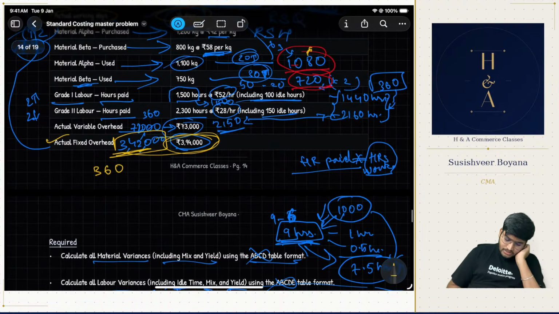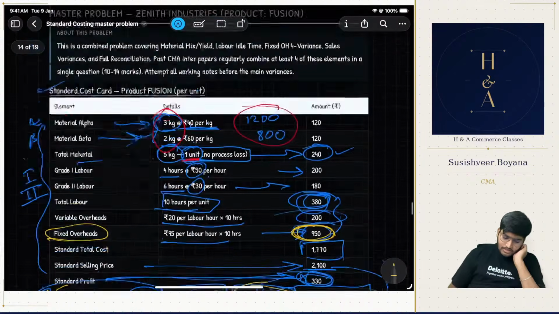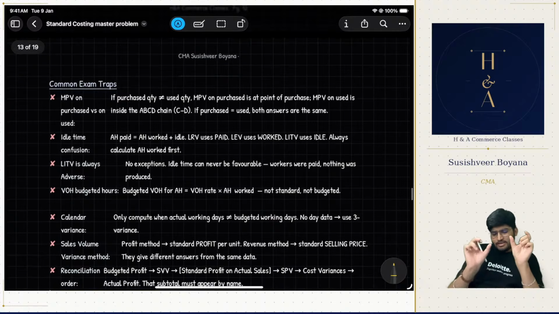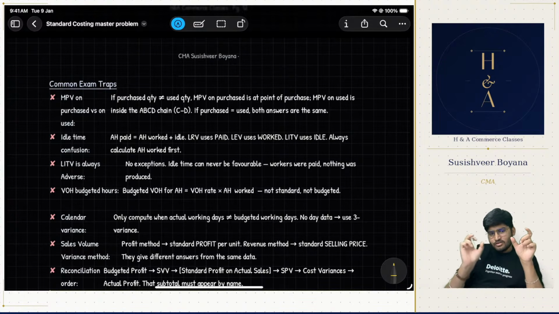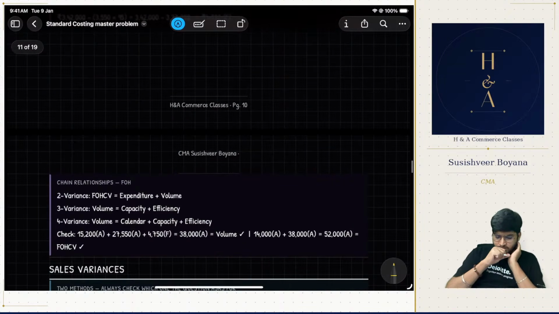So 360 into 950 gives me 3,42,000. This is the absorbed part, because based on the output and the rate, actual output into the rate, we get the absorbed fixed overhead. What is left is the variance we should look at.